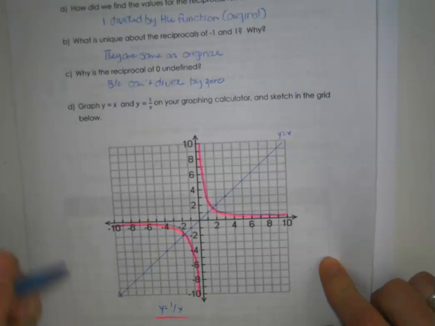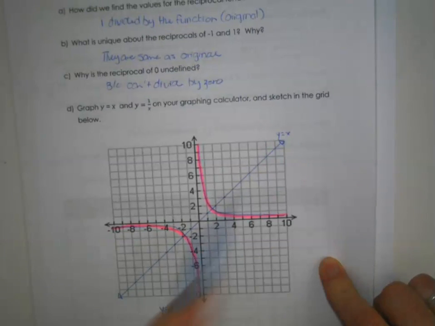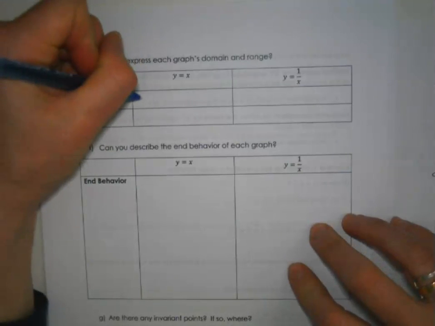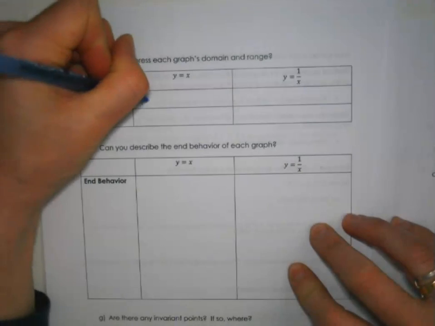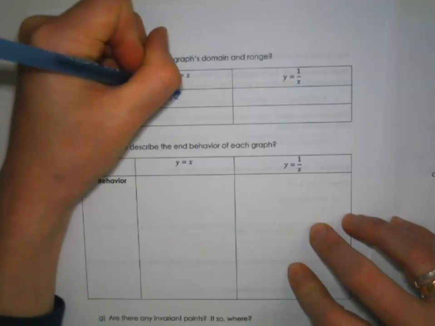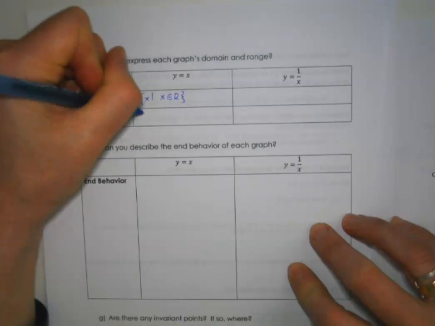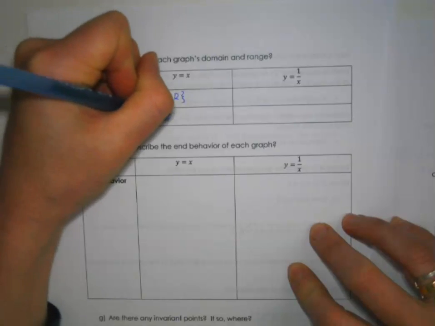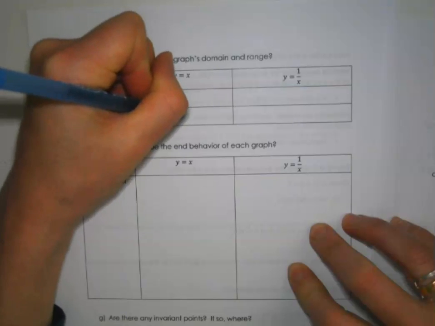I could have drawn this a little bit better by including arrows, because as long as we have x values and y values, it's going to continue on indefinitely. So for our domain, we would say x is equal to all real numbers. And for our range, same thing, y is equal to all real numbers.